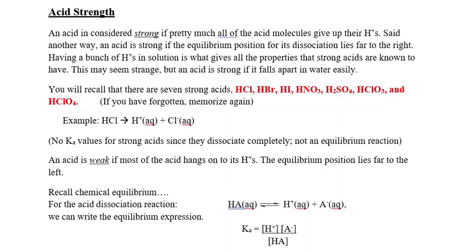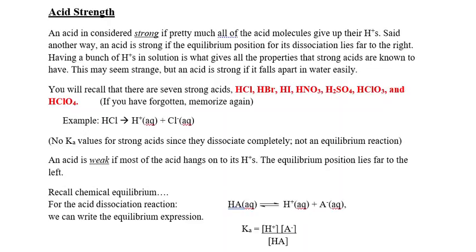And there are a lot of strong acids. There's hydrogen chloride, hydrogen bromide, hydrogen iodide, nitric acid, sulfuric acid, chloric acid, and perchloric acid. Those all will have equilibrium values, Ka values, that are large because they completely dissociate.